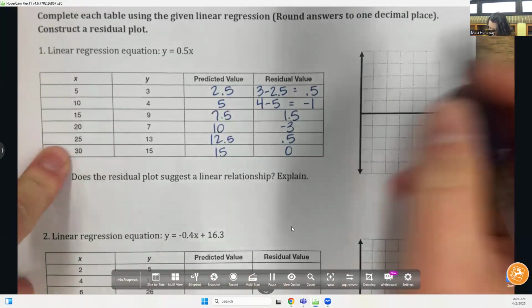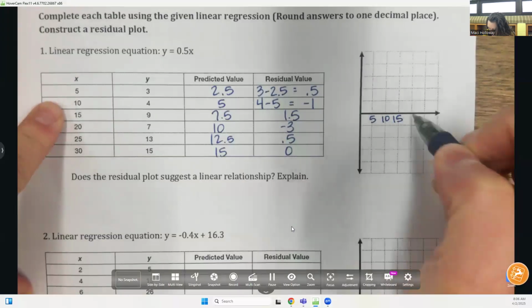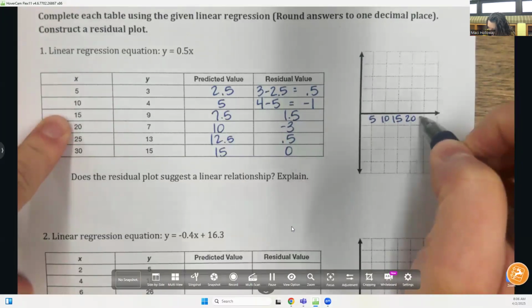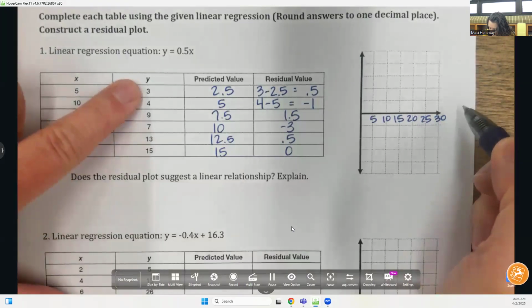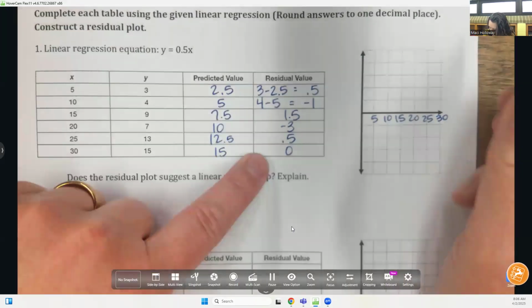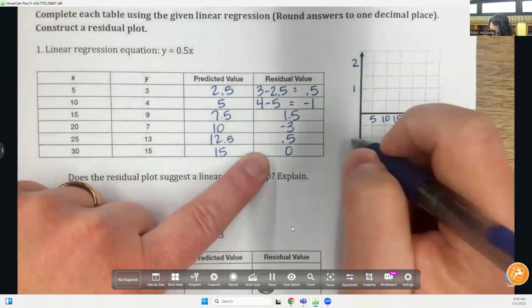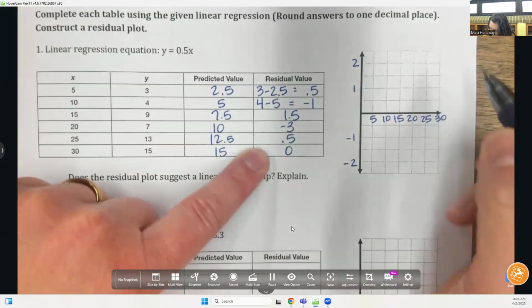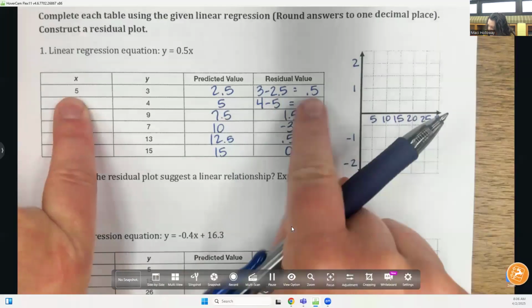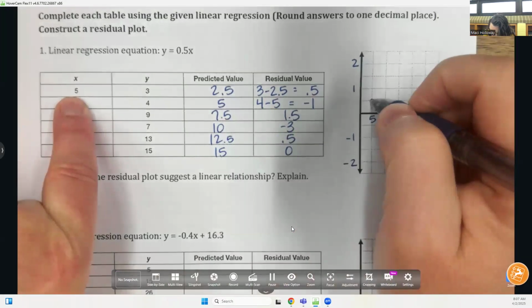So let's graph, and I'll actually walk you through this. Our X values are great right here because it's perfectly spread apart for us: 5, 10, 15, 20, 25, 30. And then, sorry, residual value. I'm going to say we can probably do 1, 2, -1, -2. Helps us see it a little bit better. So if our X value is 5, our residual value is 0.5, so right here.